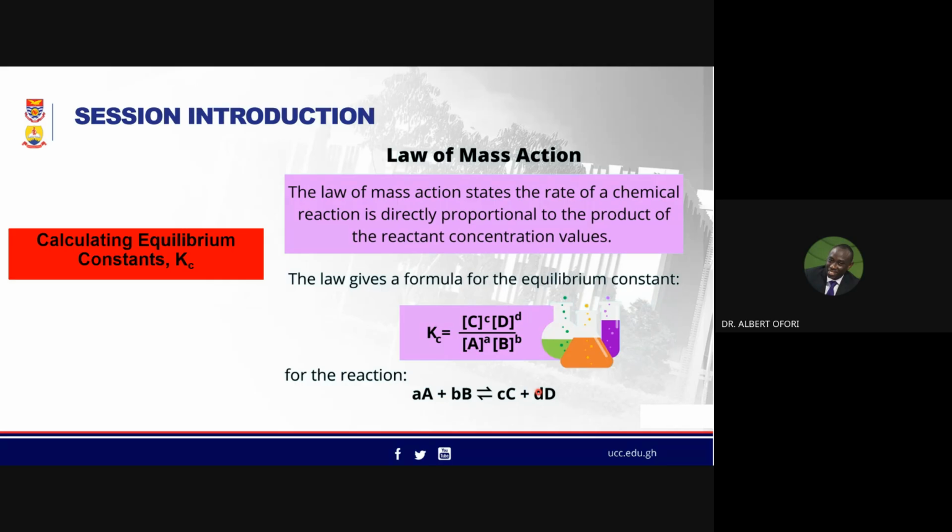Number 2, when writing the equilibrium constant expression, we don't include pure liquids, pure solids, or pure gas, because there's not much activity going on, so the concentration is 1. You can write it, but since the concentration is 1, it will clear off. So we write the equilibrium constant expression for gases and for aqueous substances. I hope you remember all this.